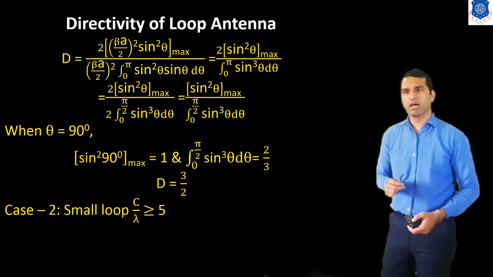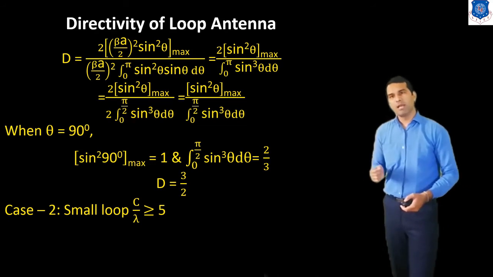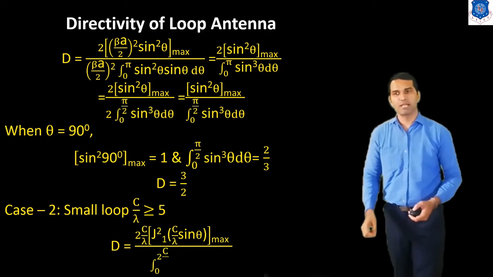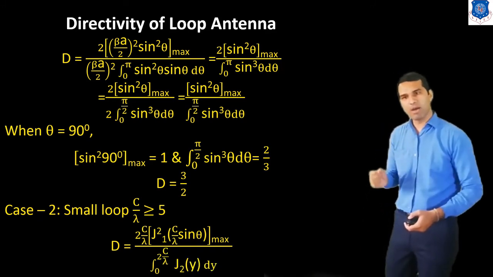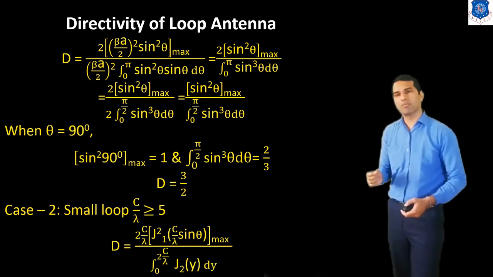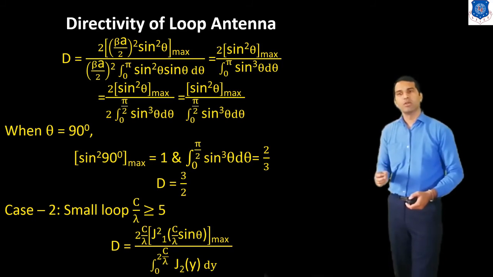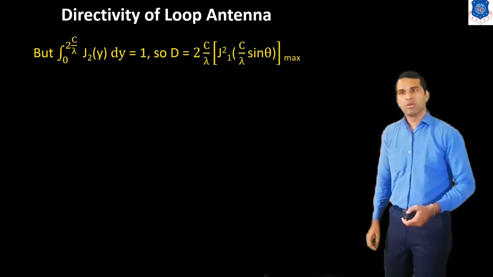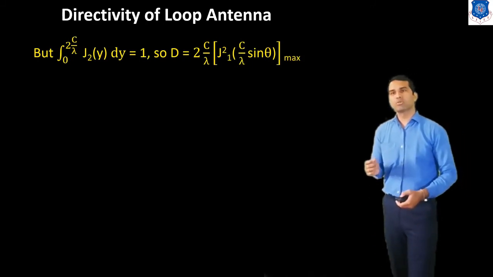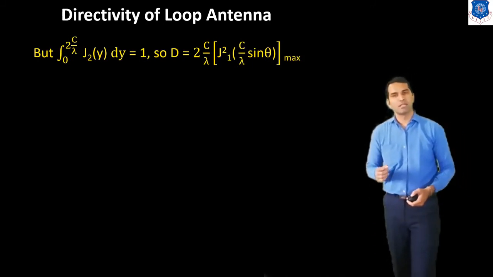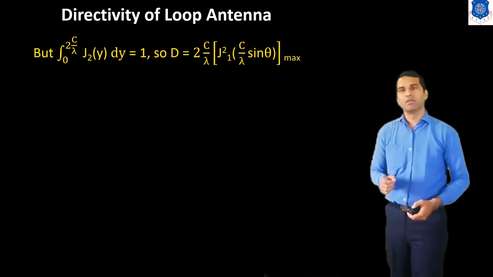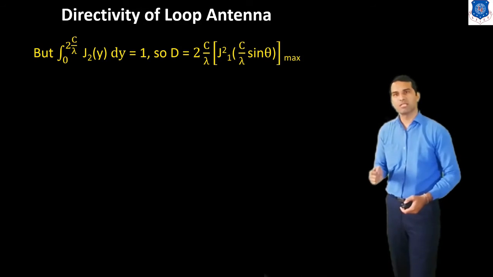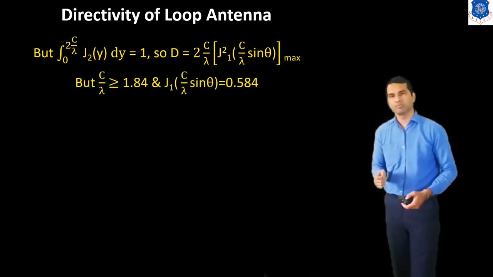Now we consider the second case. Case 2, for c by lambda greater than or equal to 5. The equation we can write is D is equal to 2c by lambda J1 square c by lambda sin theta maximum, over 0 to 2c by lambda J2y dy. But we know that 0 to 2c by lambda J2y dy is equal to 1, so we can write D is equal to 2c by lambda J1 square c by lambda sin theta maximum.